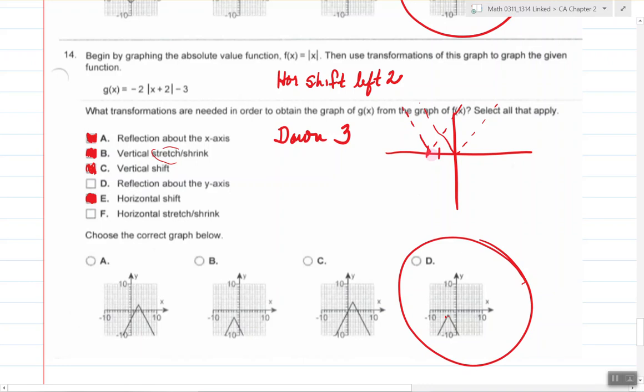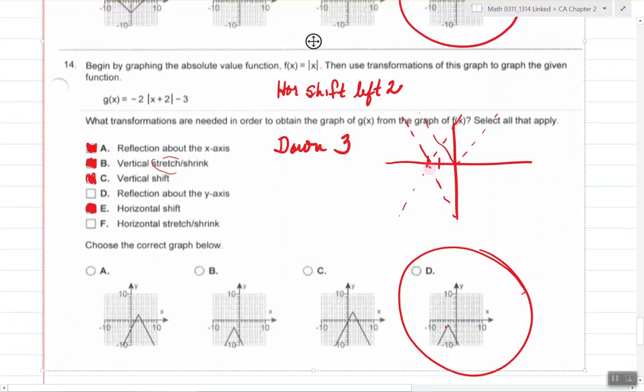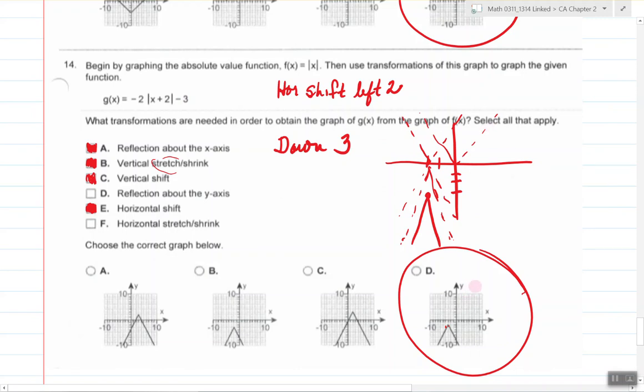Then it's going to reflect down, but it will actually be steeper because of the negative, not just negative, but -2, and then it's going to shift down 3. So this big mess kind of explains better why it looks like this.